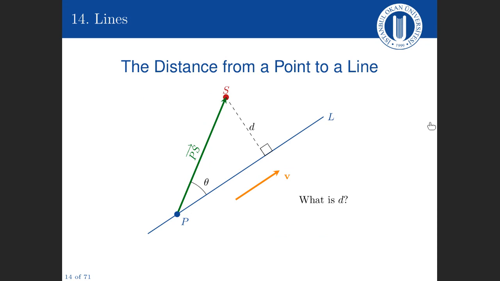We can calculate the distance from a point to a line. Let's suppose we have some point S and we have a line L, which passes through the point P and which is parallel to the vector V. I want to calculate the shortest distance from the point S to the line L. For the shortest distance, we would be measuring this dotted line where this angle which I'm pointing to must be 90 degrees.